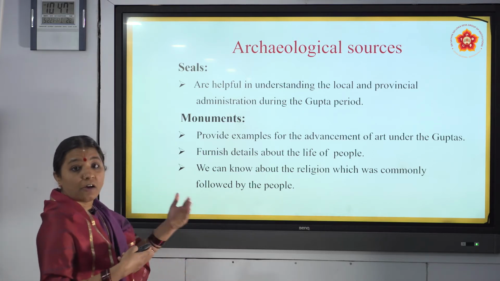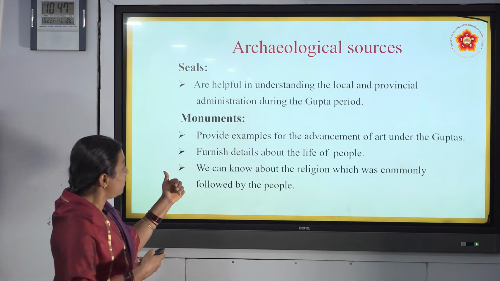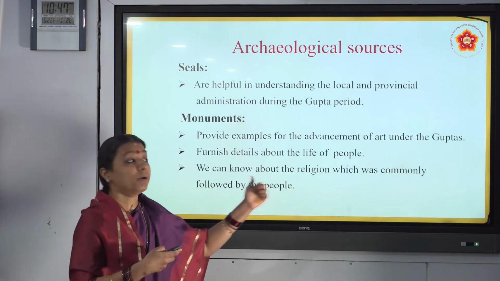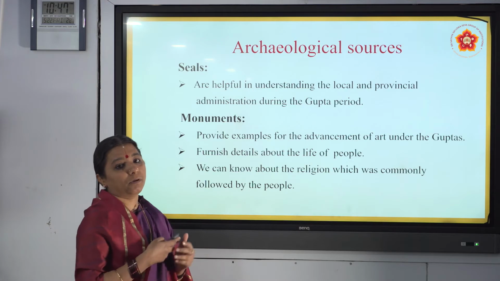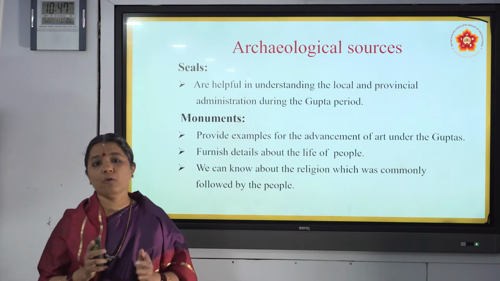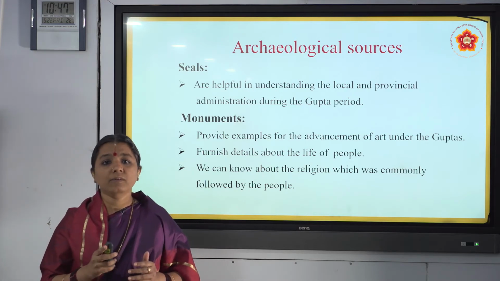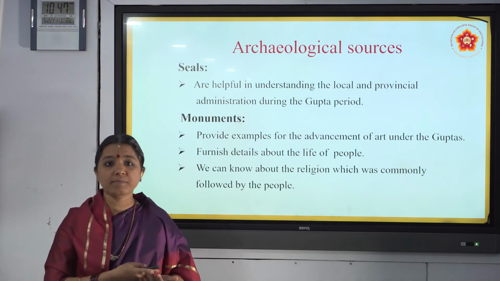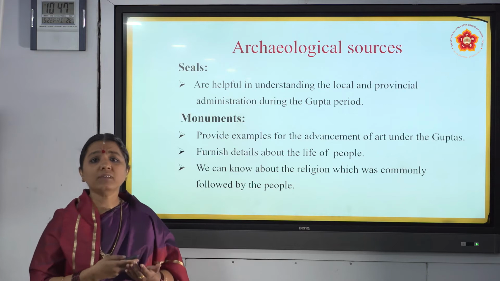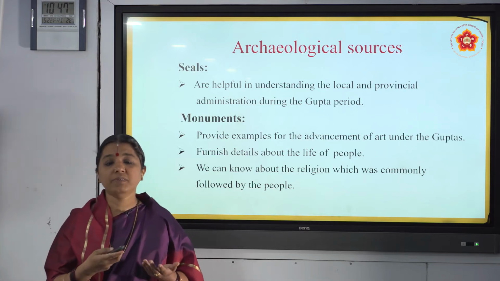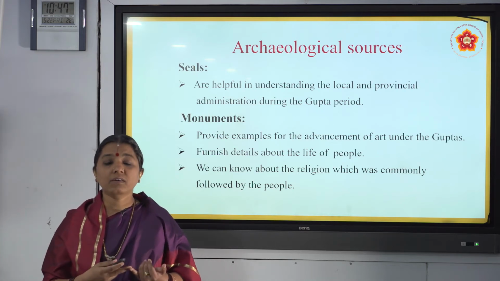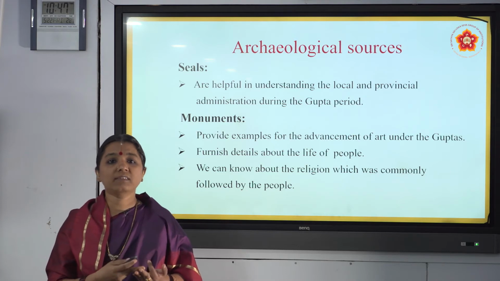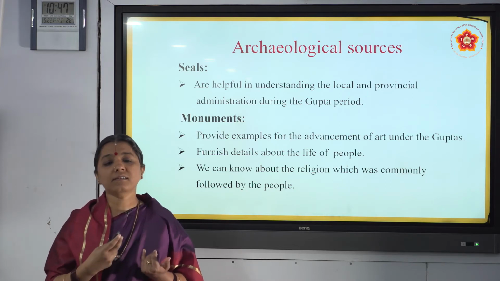So next, we can know about the religion which was commonly followed by the people. Commonly Hinduism was followed, but they had good tolerance towards other religions also, Buddhism and Jainism. And the important deities or commonly worshipped deities were Shiva, Vishnu, Shakti, Jain Tirthankaras and Buddha.